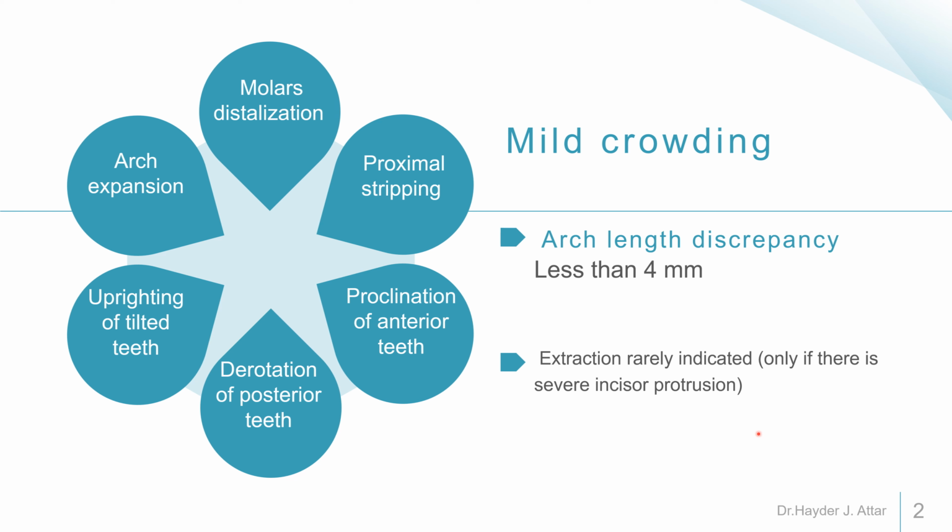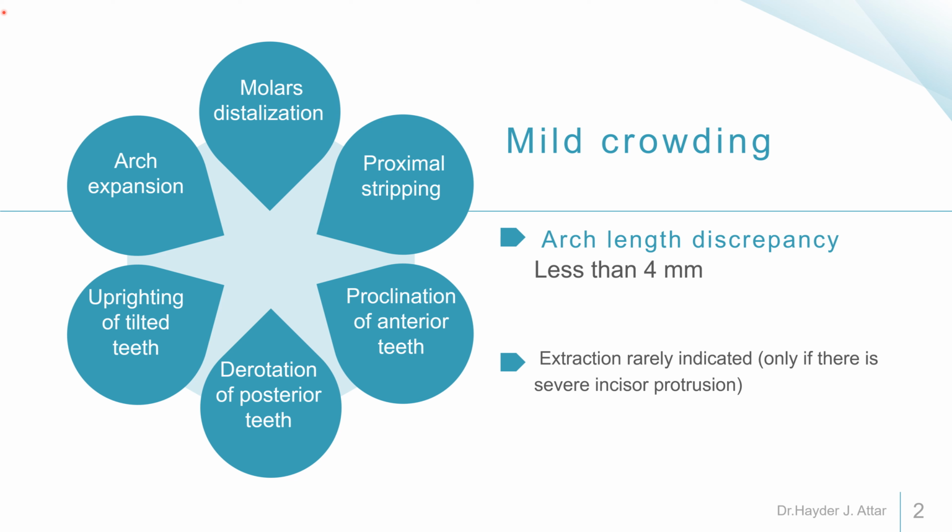Without the presence of severe incisor protrusion and with only mild crowding, the choice of extraction will cause excess space that remains after the alignment of crowded teeth. And in this case, we need over-retraction of the anterior teeth, and it will be unaesthetic for the treatment.